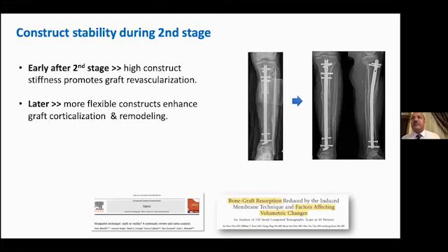Just I want to clear some point about shifting from the external fixator of the first stage if you are planning to put an internal fixation of second stage. We cannot leave the patient 2 weeks without any fixation to be sure that the infection is clear.